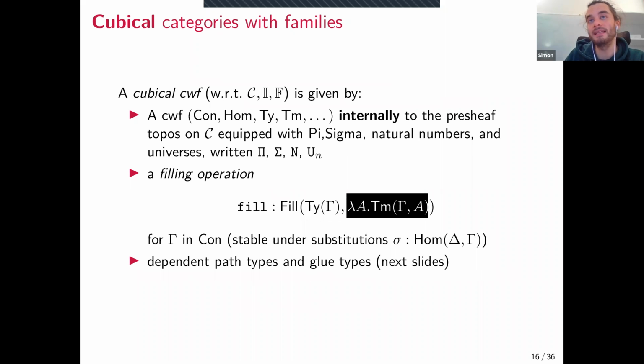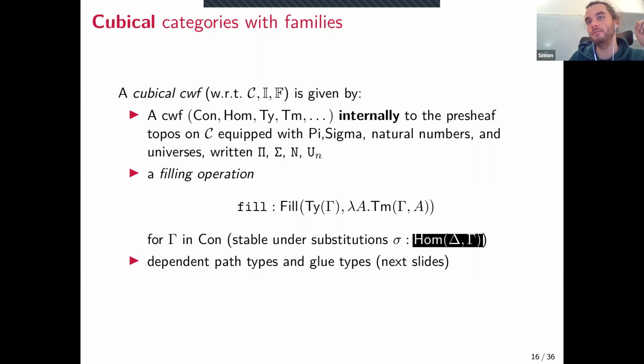So this lambda A, Tm Gamma comma A, is really a function from Ty Gamma into U omega. And I have a filling operation on this. This constant should be stable under substitution, so there's an action of this Hom here on terms.